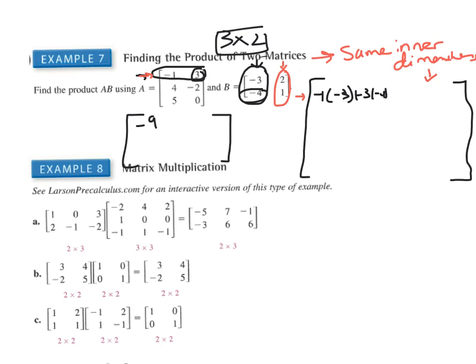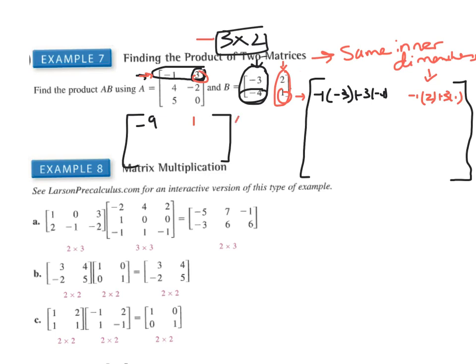So this is going to be -1 times 2 plus, then again you go to the second term in each of them, 3 times 1. And if you simplify that, you get 1 back. Okay, it's a 3 by 2, which means I only have 2 columns, which means I'm done with that first row. So check, I'm good.